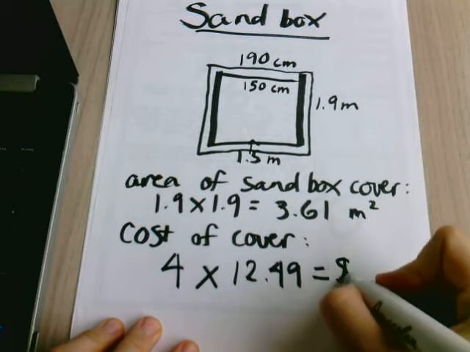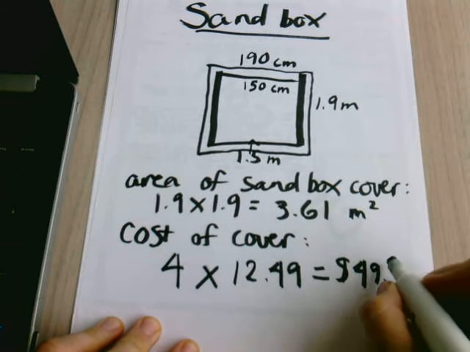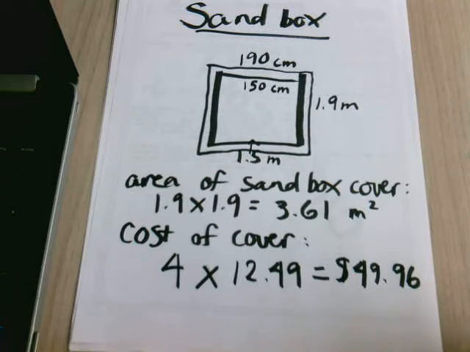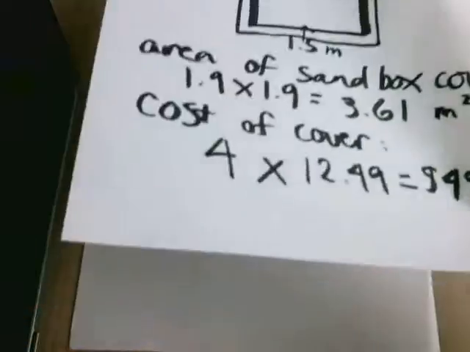And if you got $49.96, you are right. Now, the third part of the problem deals with the sprinkler area.